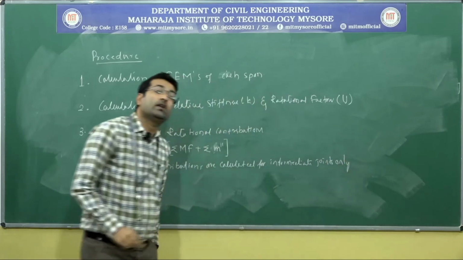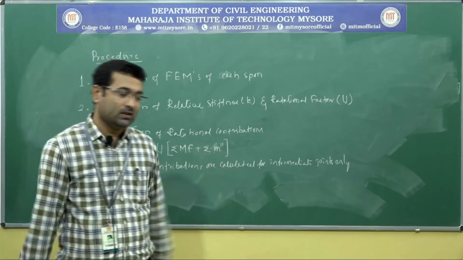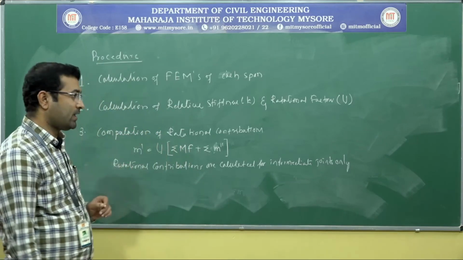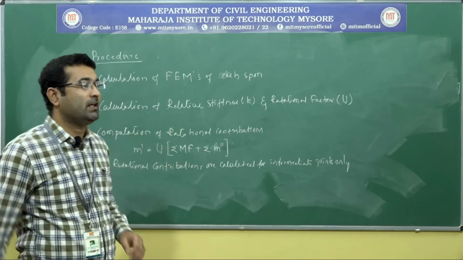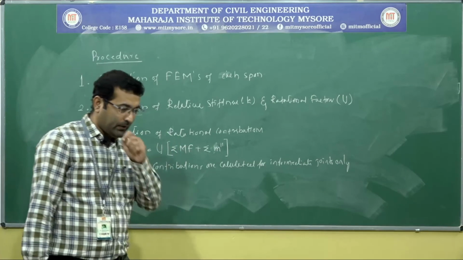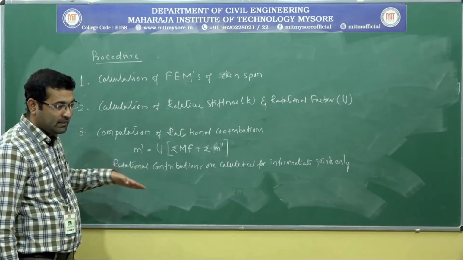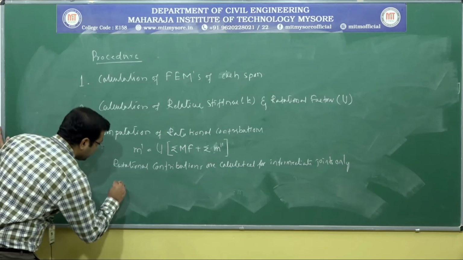Means we are not calculating the rotational contributions for the ends, whatever may be the end. So, we are not worried about the ends, we are trying to balance only the intermediate joints. And this procedure has to be repeated until we get the same values.